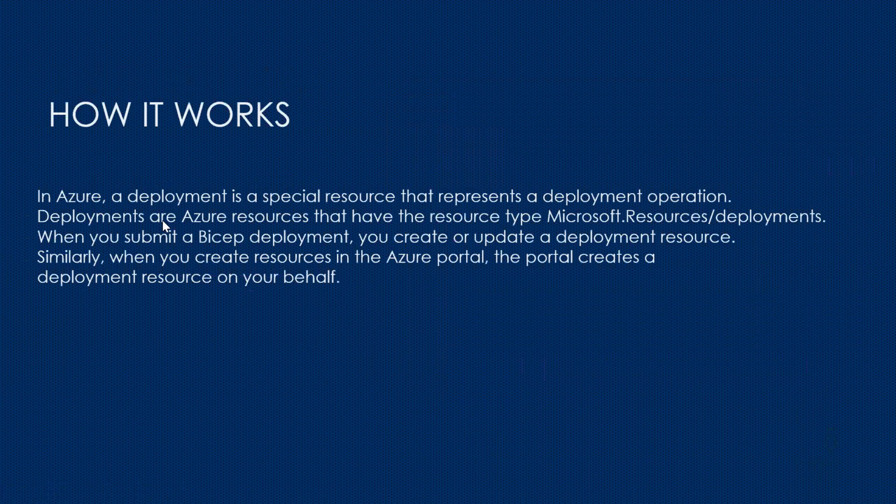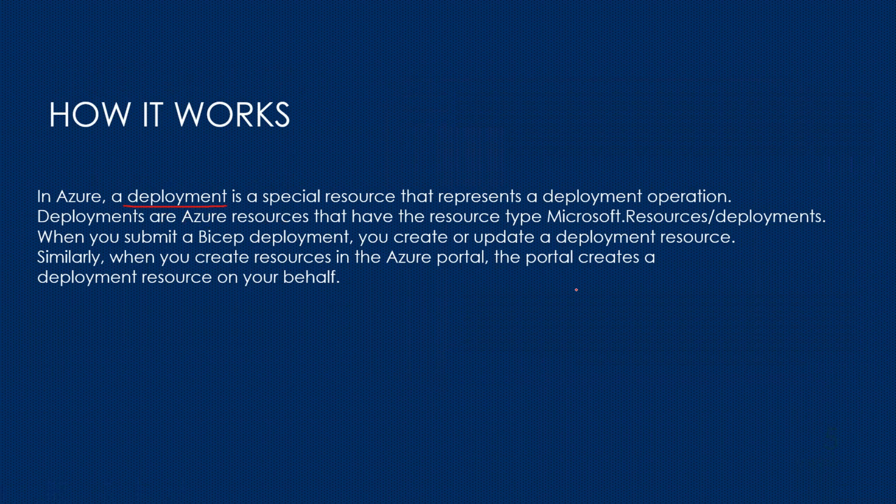Now we will see how it actually works in the background. So we all know that when you try to deploy any resource into Azure, either through the Portal or PowerShell or CLI or using some SDKs, at the backend it will create a resource which is called a deployment in the background.